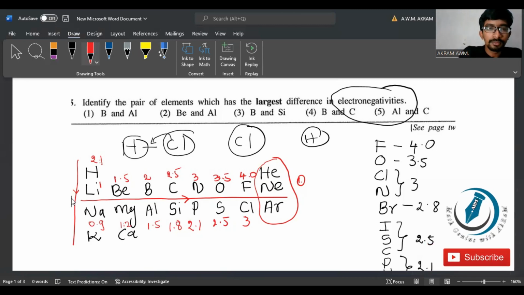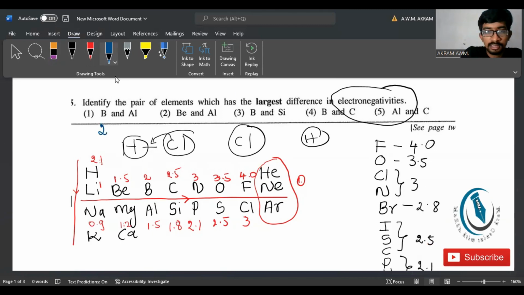So from this idea, I'll face this question. You can see boron and aluminium. Boron has 2 and aluminium has 1.5, so the difference is 0.5.